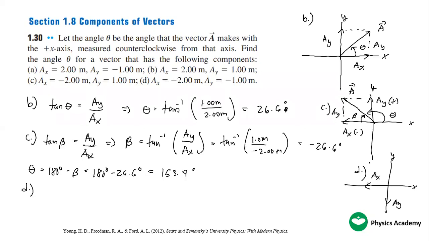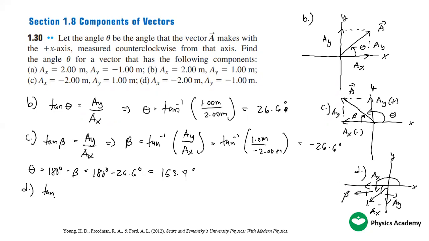Both are negative, so our vector is in quadrant 3. If that is the case, we can get this angle here or this angle here. So let's try to get this angle here. Let's label this angle beta.